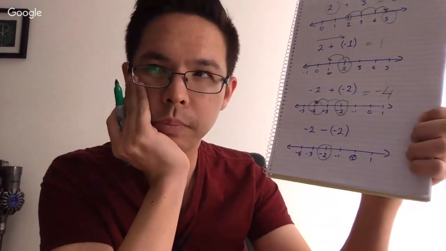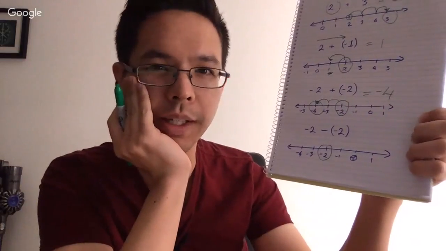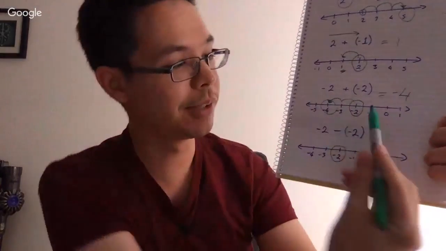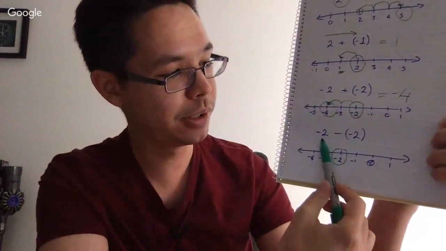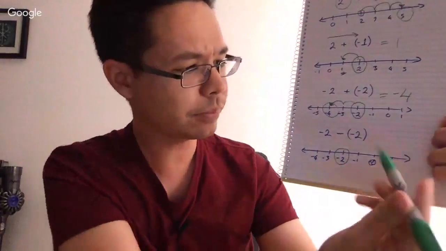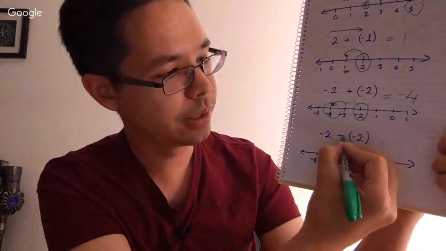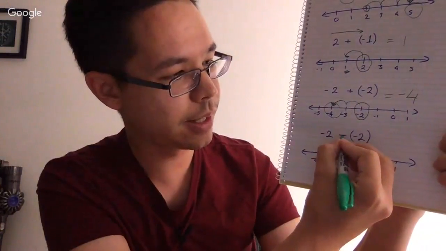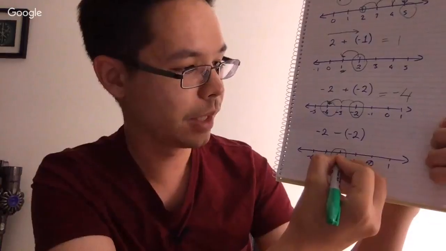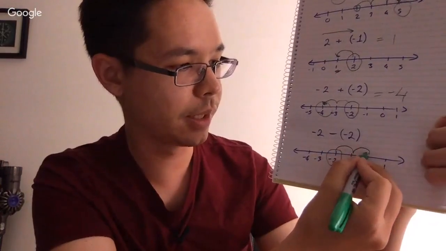So I'm going to be okay, because my debt is being removed. I'm taking away another debt of $2. In this case, you can imagine that these 2 negatives are going to somewhat interfere with each other, and we're going to operate in that direction.